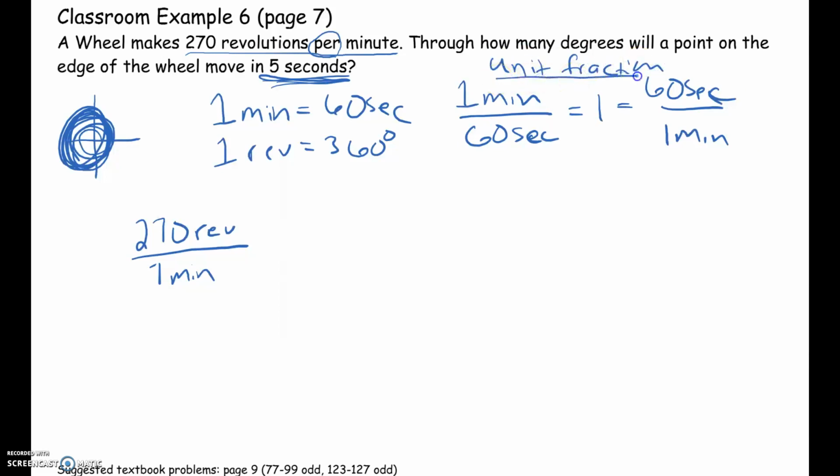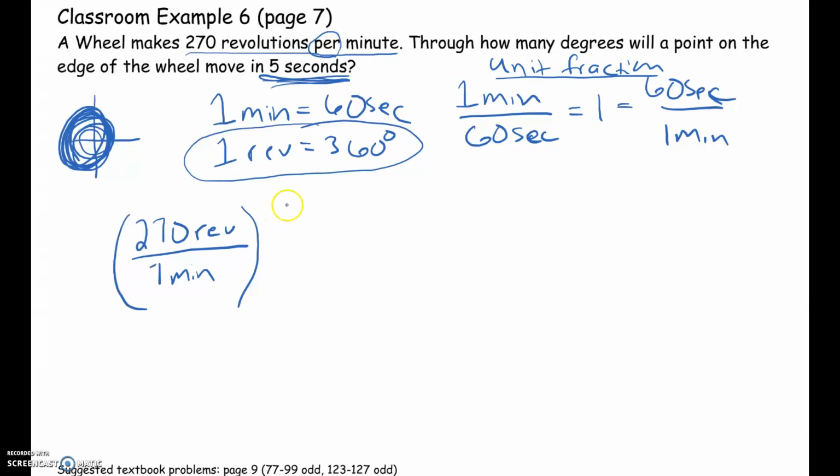And 1 in math has this special property where we can multiply anything we want by the number 1, and you just get the thing back. So I take 270 revolutions per minute and multiply it by this 1 up here. I want to convert my revolutions into degrees.